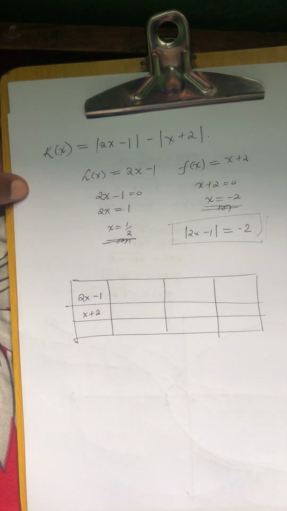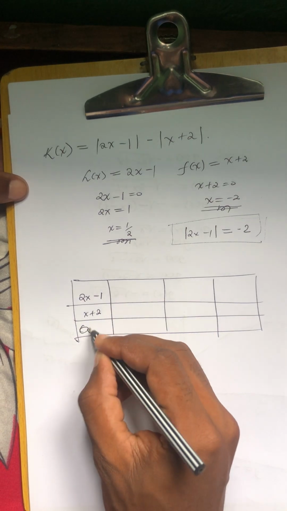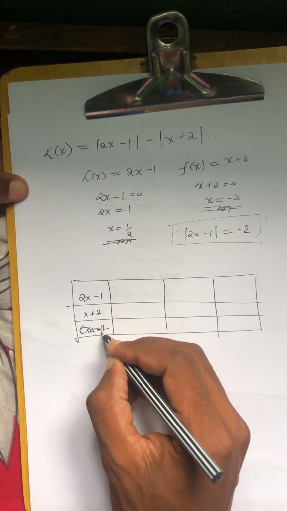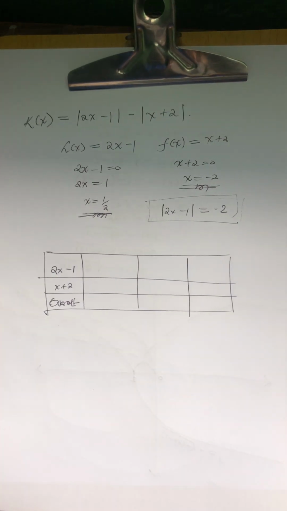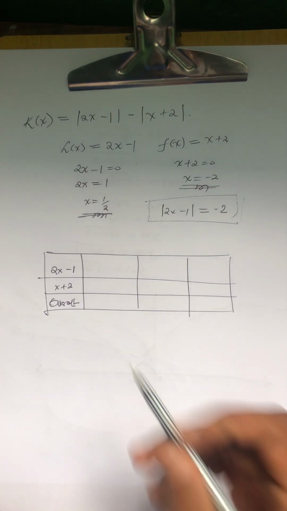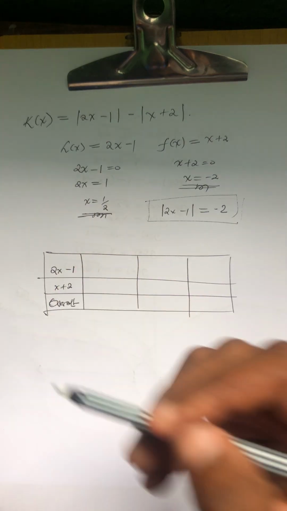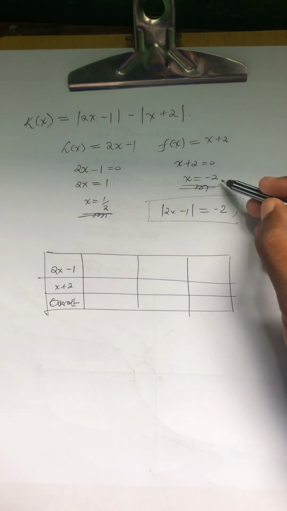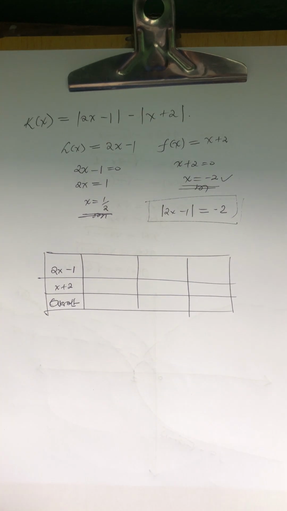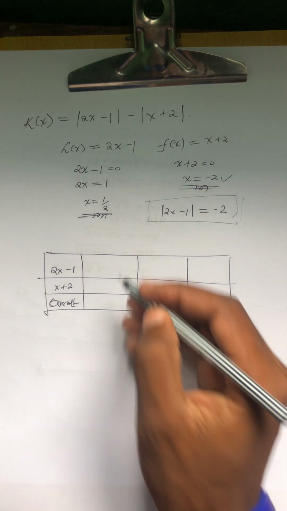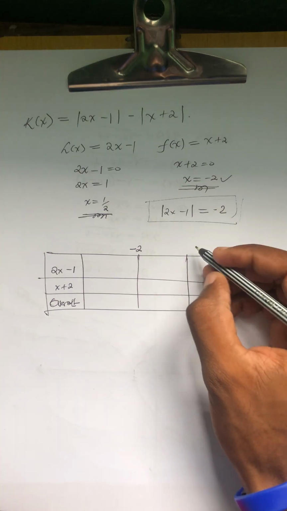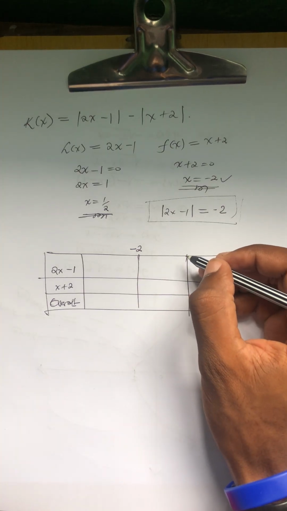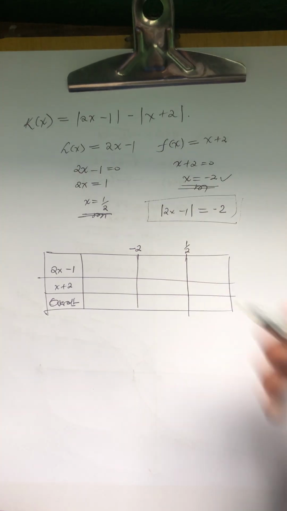Okay, so here is just the overall. Then we have two regions where x is equal to half and where x is -2. According to the number line, the negative has to come first, then the positive, so positive half there.